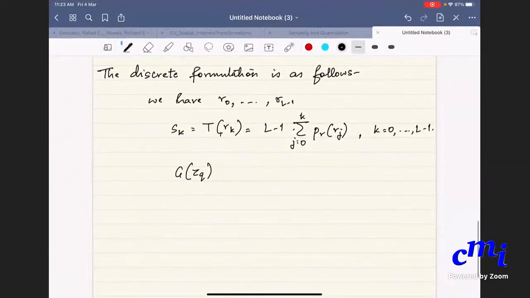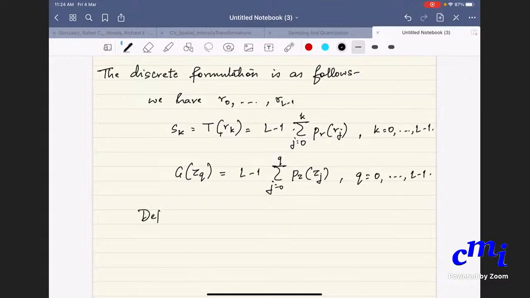In the discrete form, this is (L minus 1) times summation of the function pz(zj), j equal to 0 to q, where q varies from 0 to L minus 1. So this is G(zq), and we want sk to be G(zq). So define sk equal to G(zq). What is this step doing?